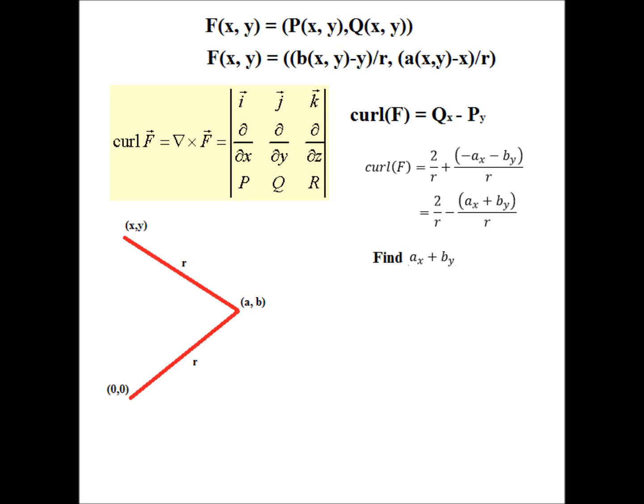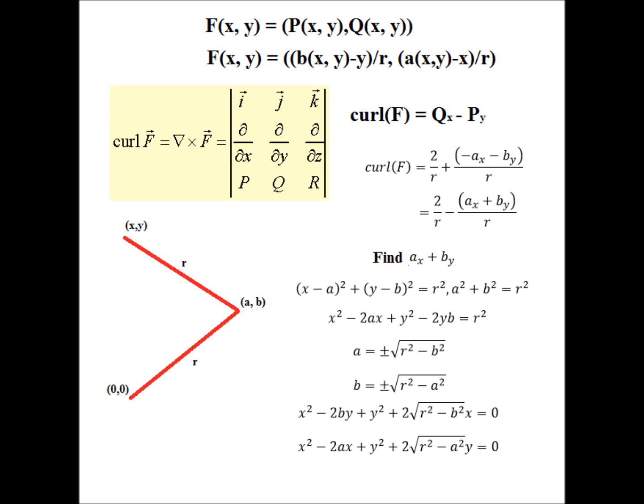To do that, a couple important things. We can use the Pythagorean theorem to note that x minus a squared plus y minus b squared is equal to r squared, and a squared plus b squared is equal to r squared. We can refactor that and get that x squared minus 2ax plus y squared minus 2yb equals r squared.